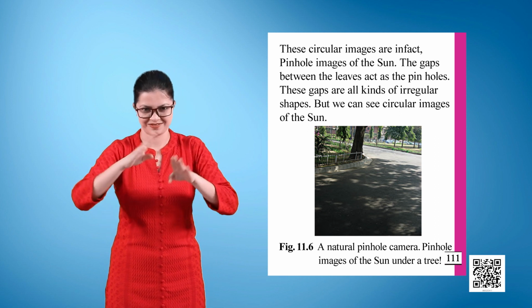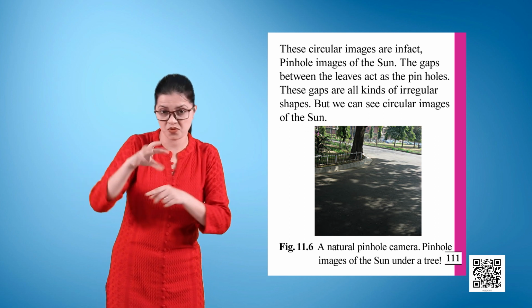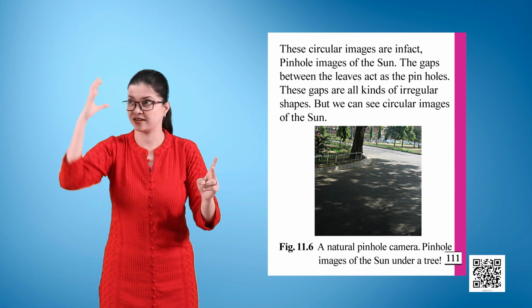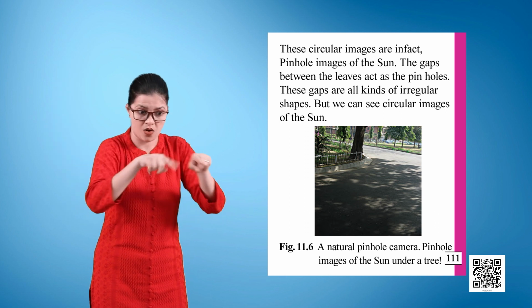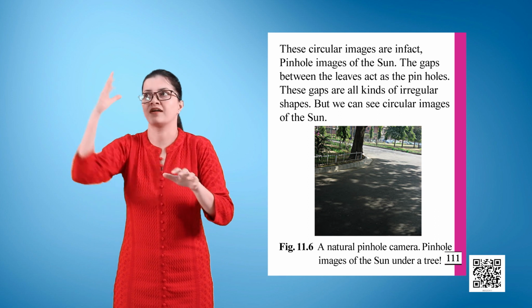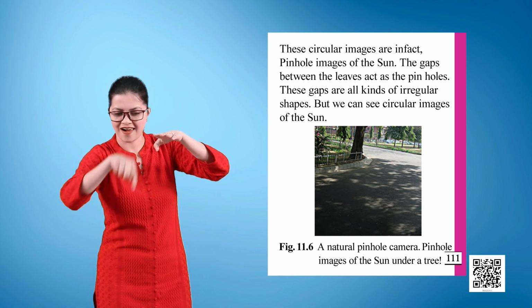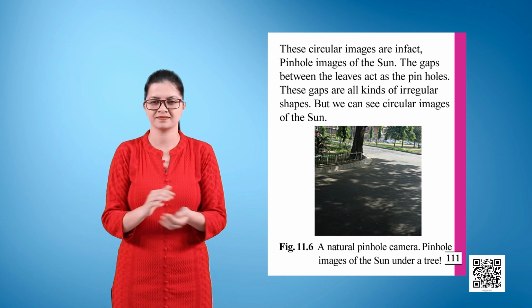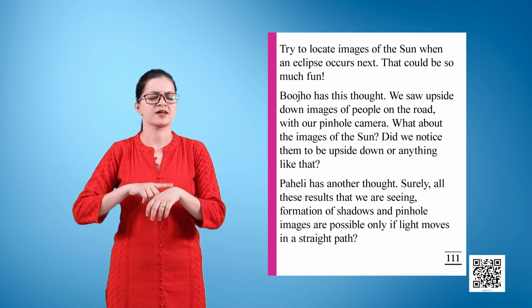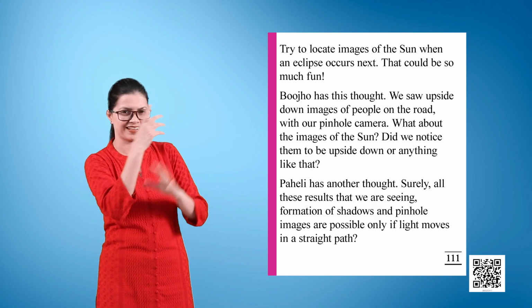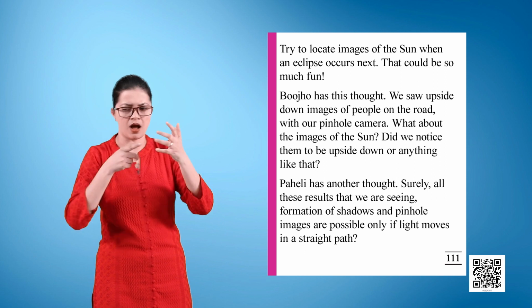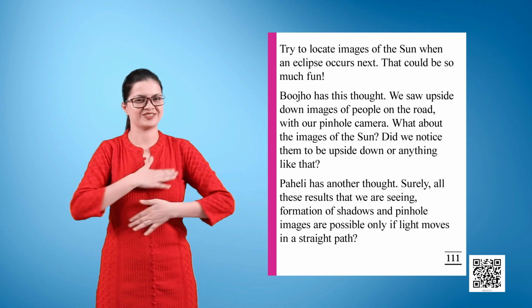These gaps are all kinds of irregular shapes, but we can see circular images of the sun. Try to locate images of the sun when an eclipse occurs next. That could be so much fun.